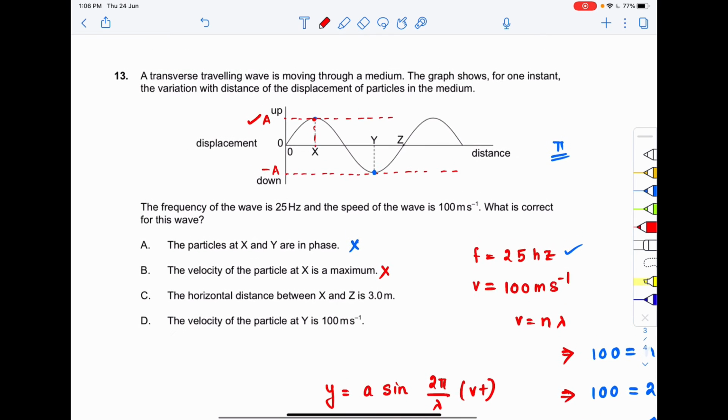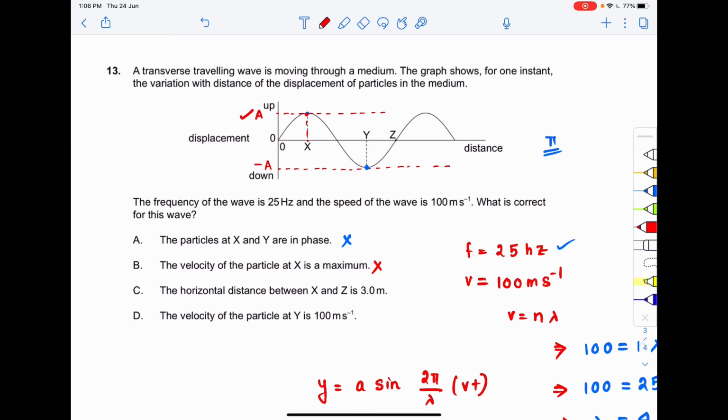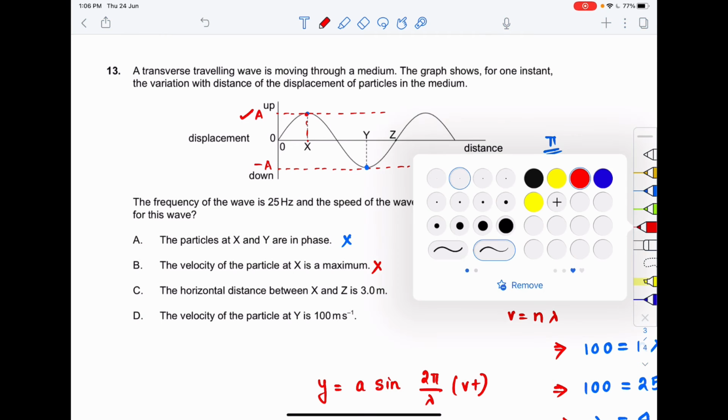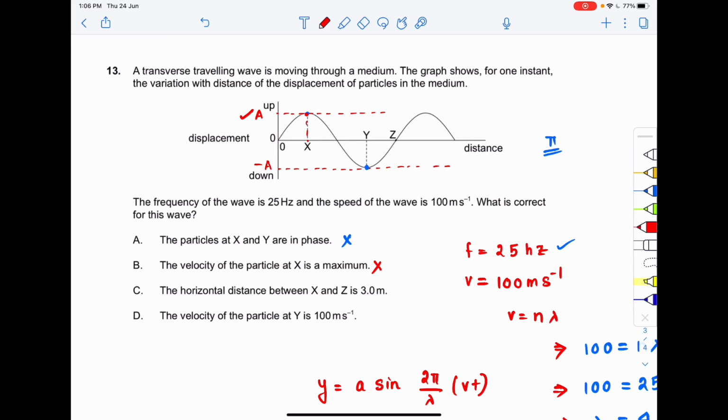Now coming to the third option, the horizontal distance between x and z is 3 meters. Over here this is the total wavelength lambda. I can divide the total wavelength into 4 parts: 1, 2, 3 and 4.